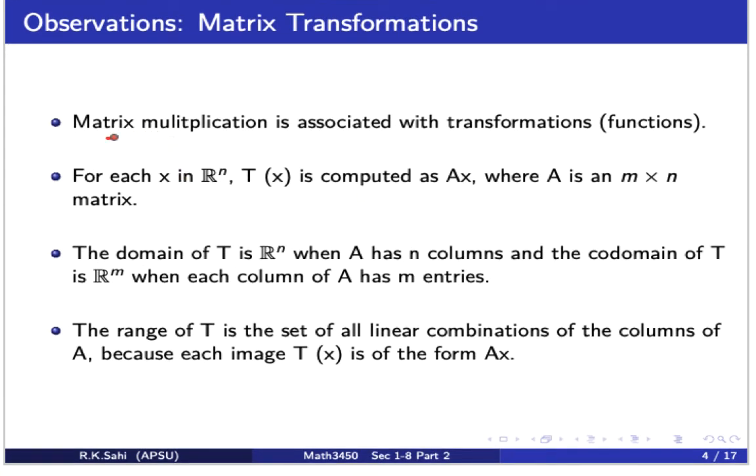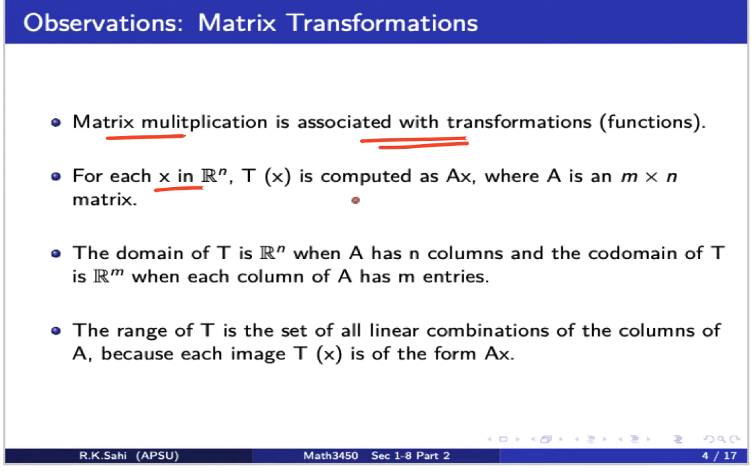Okay, some observations. A matrix multiplication is being associated with a transformation. Remember, a transformation can be a function or a mapping. Now, for every vector in the n-dimensional space, Tx is computed as A times x, or it's a product of a matrix with a vector, where A is a matrix of size m by n.